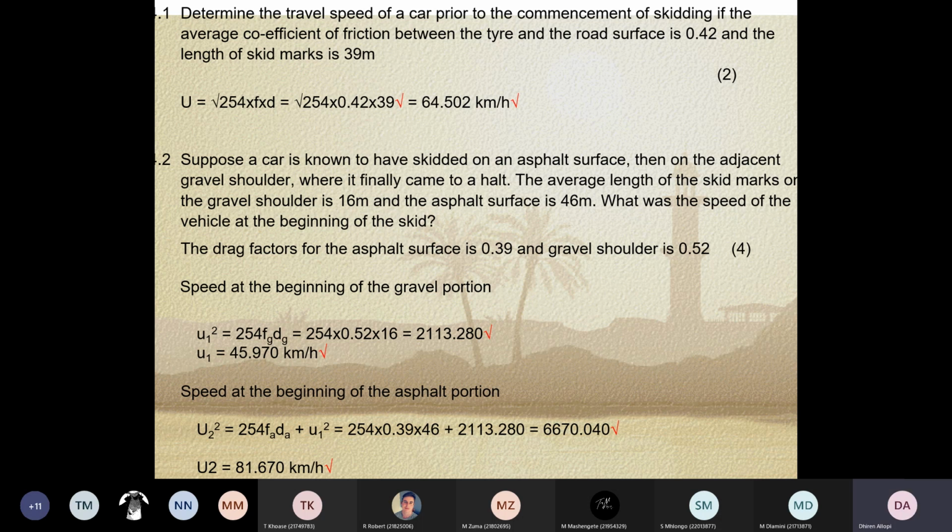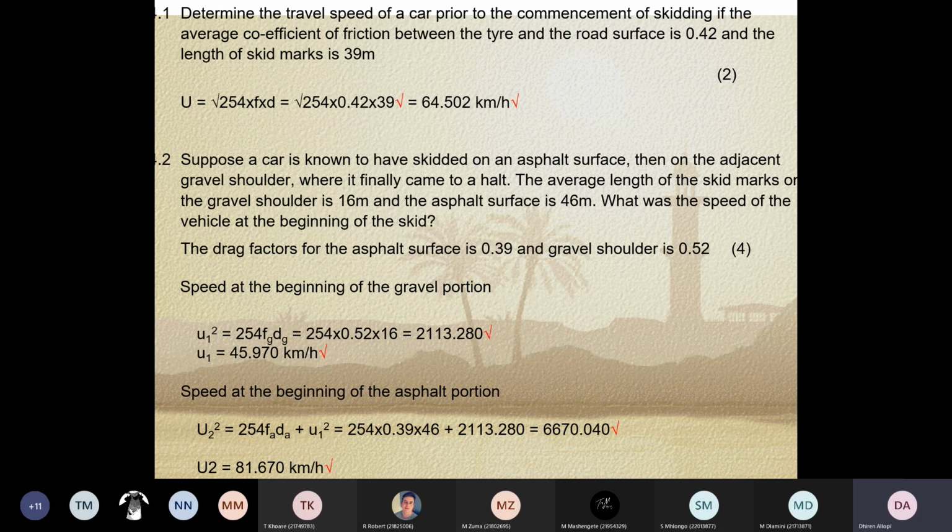So again, substituting the drag factor for the asphalt section as well as the skid mark on the asphalt surface, that gave you u2, which is the speed at the beginning of the asphalt portion, squared was 6670.040, and then finally the square root of that gave you the speed at the beginning of the asphalt portion to be 81.670 kilometers per hour.